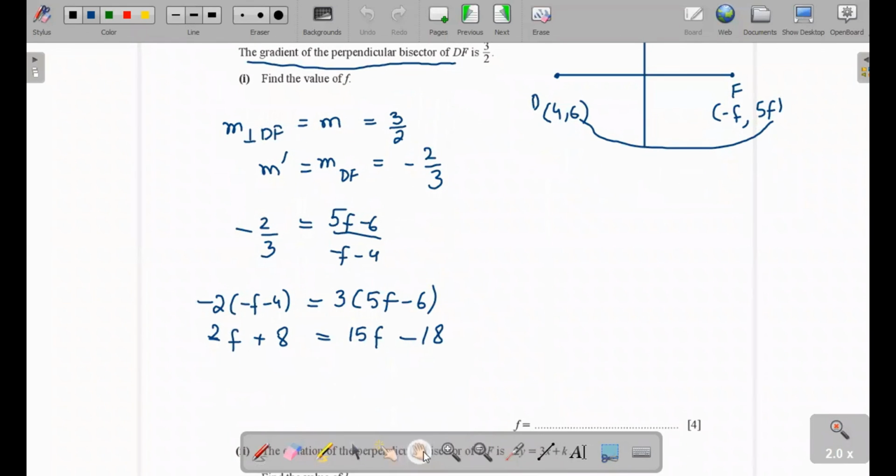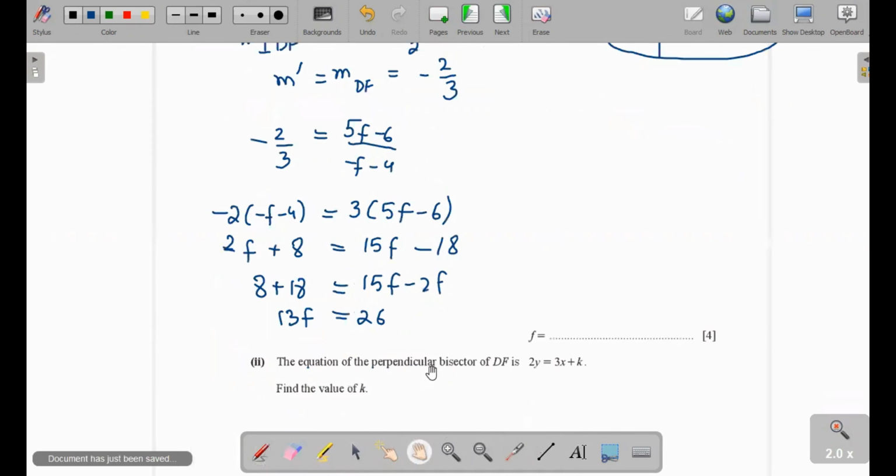Now we find the value of f. 15f minus 2f equals 8 plus 18, that is 13f equals 26. So f equals 26 over 13, which is 2. The value of f is 2.